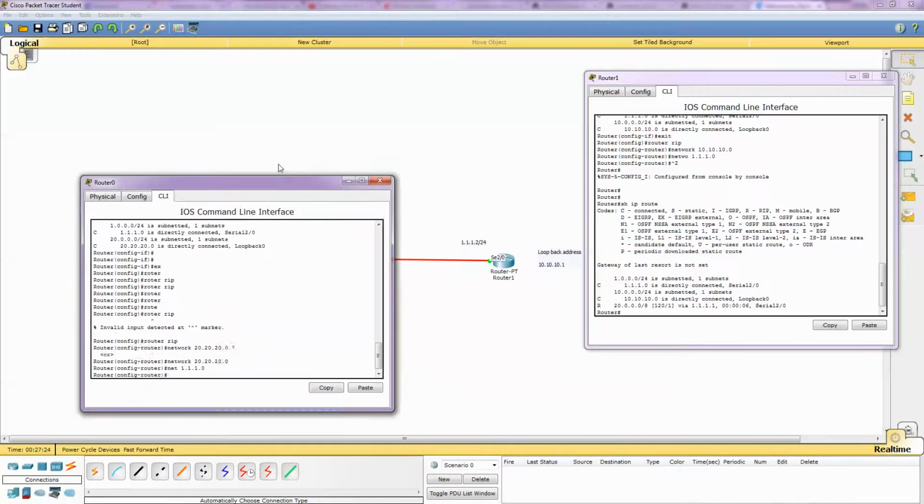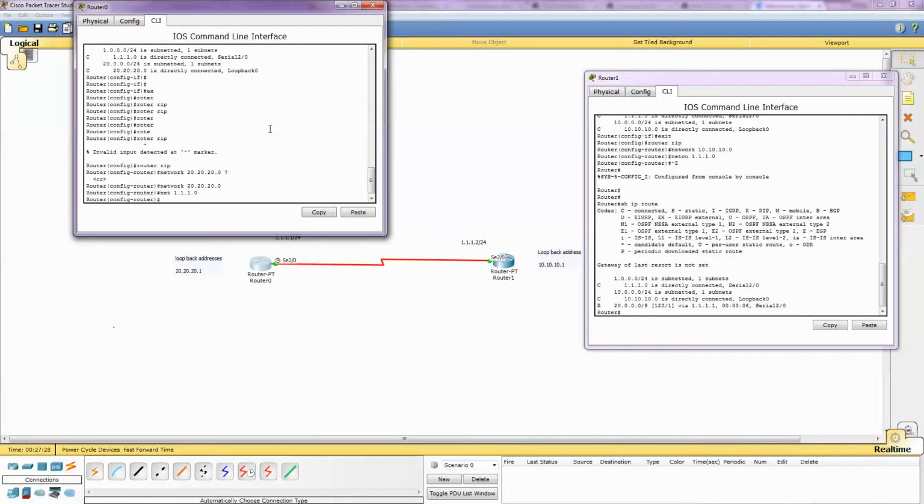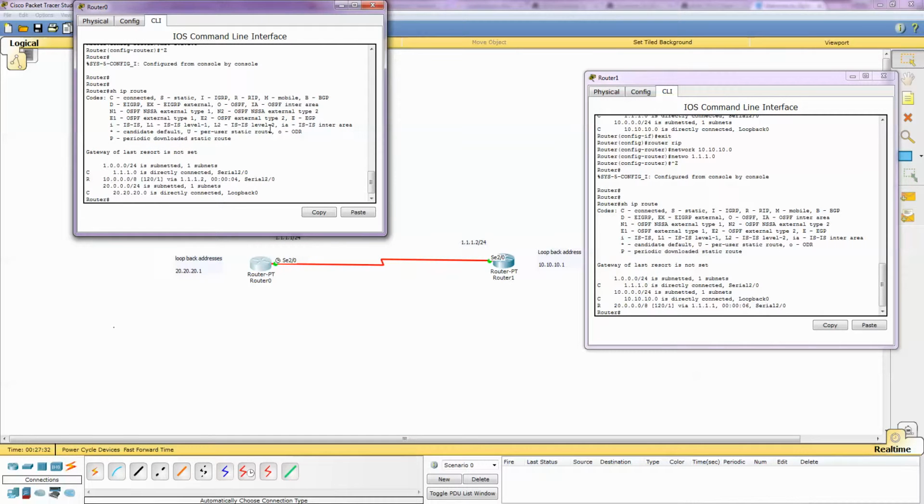So let me show you. Show IP route. Here is R. R means RIP. You can see here is RIP, and 10.0.0.0, this network advertised here via this interface.